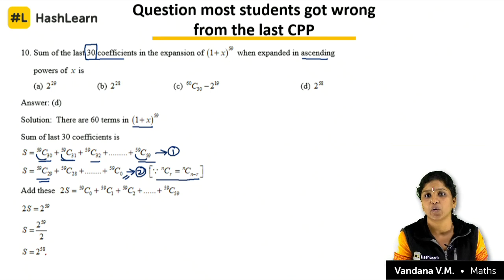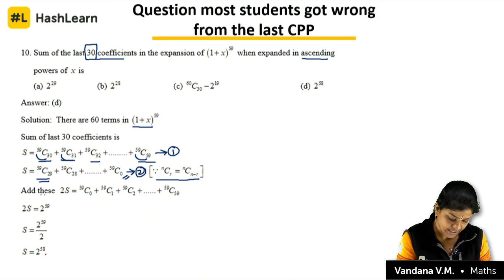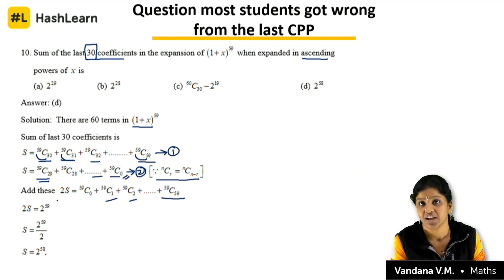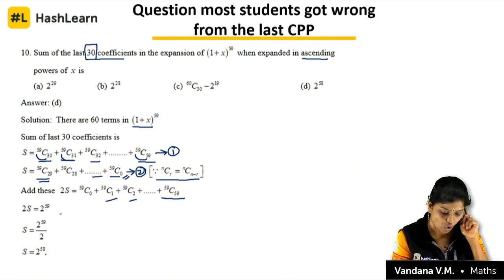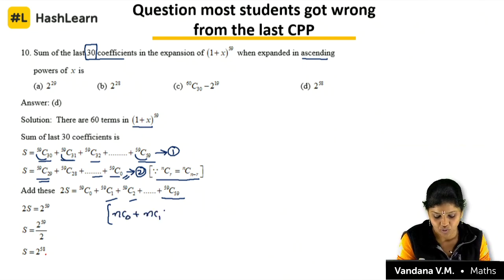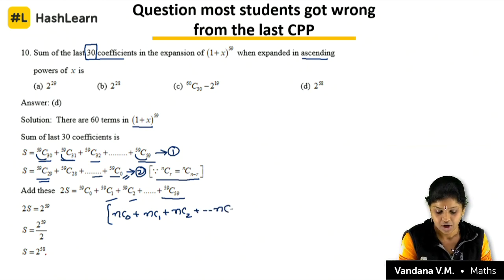If I add both 1 and 2, I'll get 2S is equal to, in the reverse way, 59C0, 59C1, 59C2 and so on, up to 59C59. We know that the sum of all the binomial coefficients, nC0 + nC1 + nC2 + ... + nCn, is 2^n. That shortcut we already discussed.